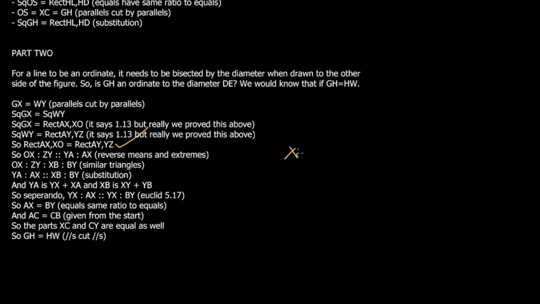So means and extremes just means that if you have a ratio set up like this, x, y, z, a, then x times a is equal to y times z. But that also means that if you have x times a and y times z, you could write a ratio out. xa needs to be on the extremes, and yz needs to be on the means.